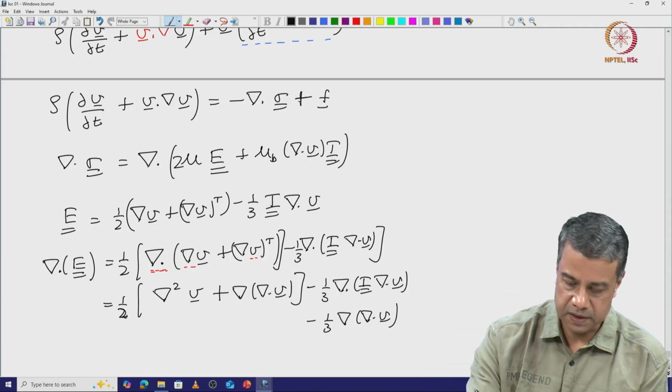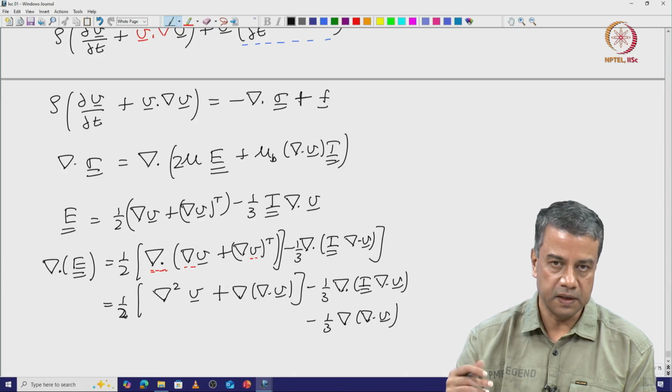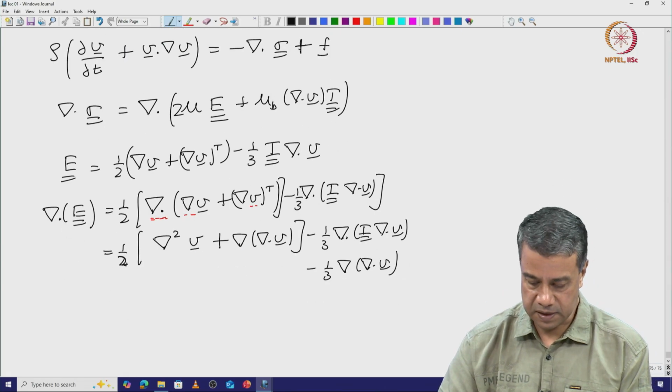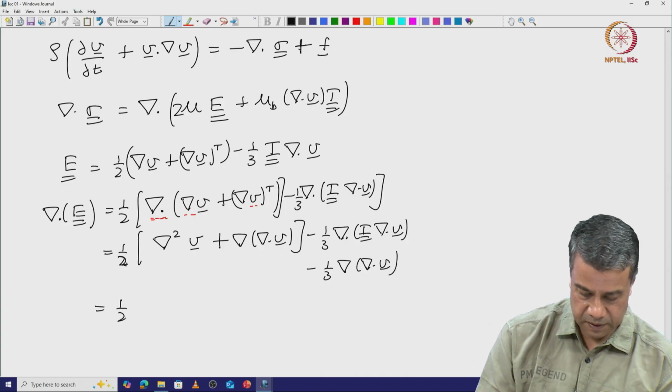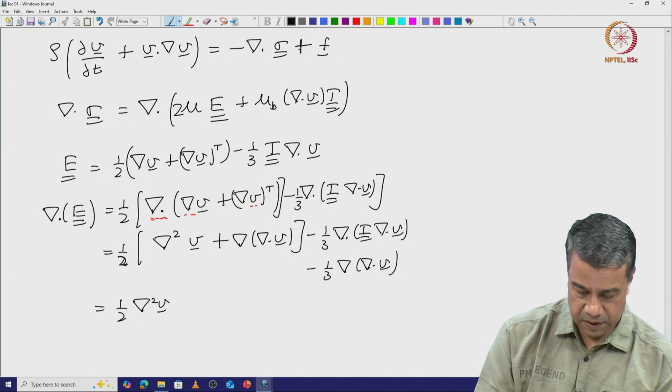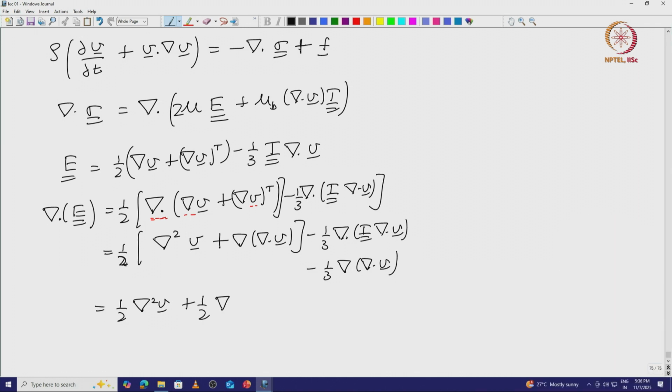Because the divergence is acting on the identity tensor, partial by partial x of ExEx. So, therefore, you just get 1/3 del dot V. So, this becomes half del square V plus half grad of divergence of velocity minus 1/3 grad of divergence of velocity.